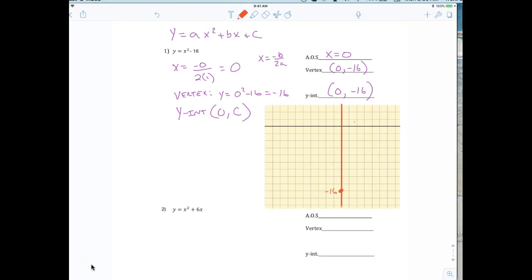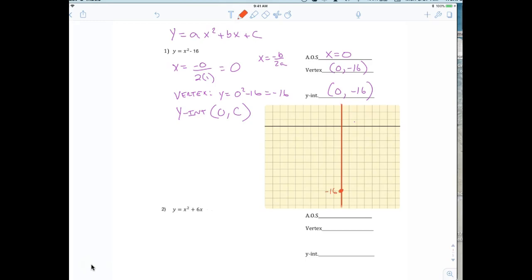Normally we have a y-intercept, but in this case, the y-intercept is the vertex. So we're just going to plot another point, and the easiest one is to just plug in 1. If I plug in 1, what do I get? 1, negative 15, right?